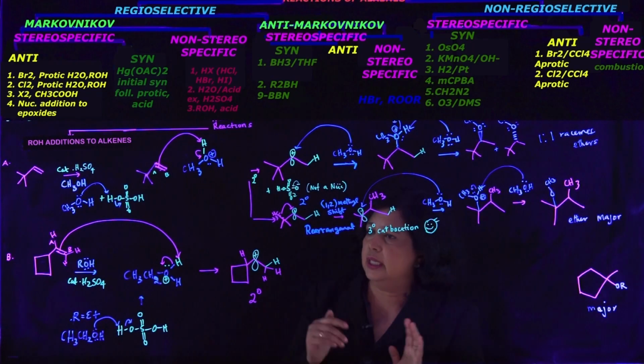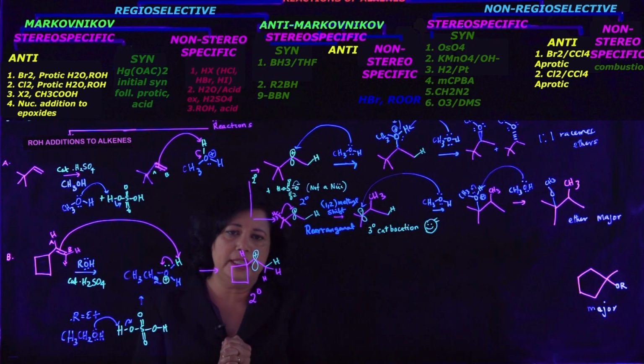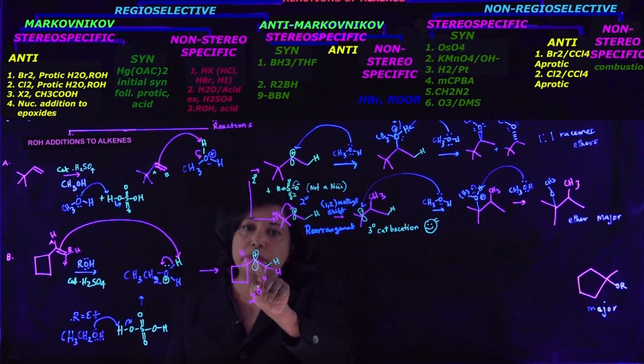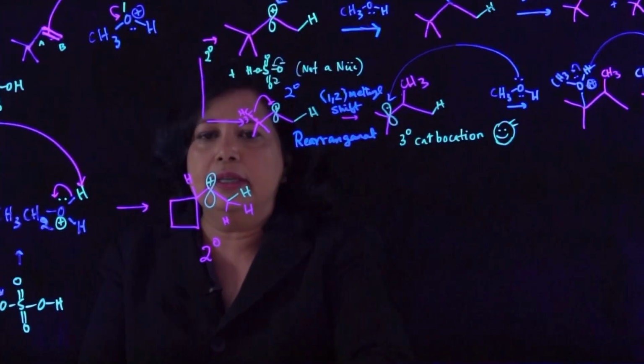That's not too hot. We want a tertiary. How can we do a tertiary? Can we move this over and get a tertiary? Let's try it out. Let's see if that works.